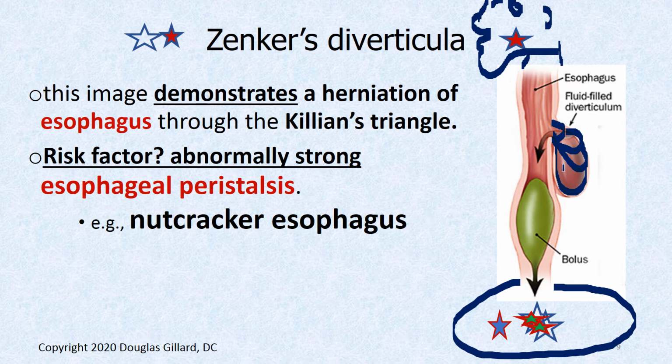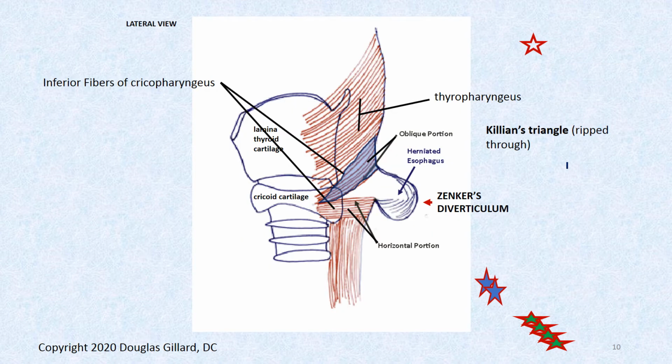And you can see that it's going to collect fluid, and when you swallow, some water can go down here, or milk could go down here, or soda, or beer, food particles, and flat out food can get stuck down here, so you can cause all kinds of trouble. There's just another picture of the horizontal and oblique portions in the cricopharyngeus muscle, and you can see it's herniated out.